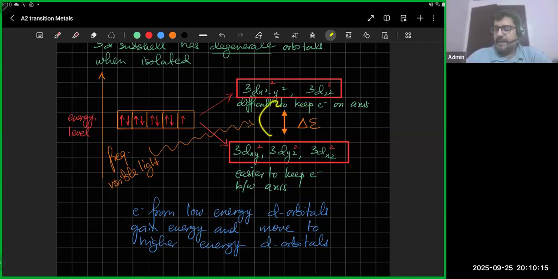Now, if they want to gain energy, they gain energy from frequencies that are coming from the visible spectrum. So this energy gap exactly matches frequencies from the visible spectrum.